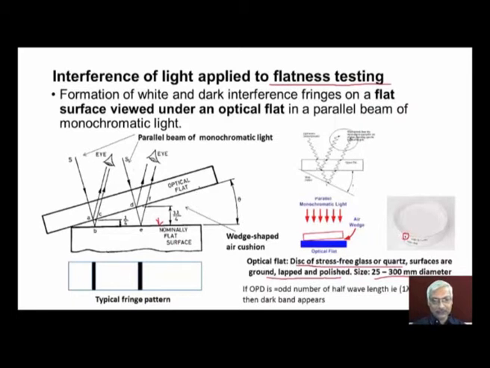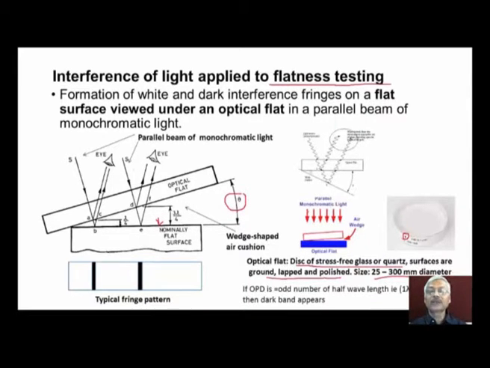Normally there will be a small gap between the optical flat and the workpiece under test. At one point there will be contact, at another point there will not be contact, maybe because of the flatness variation. There will be a small angle between these two surfaces, indicated by theta.